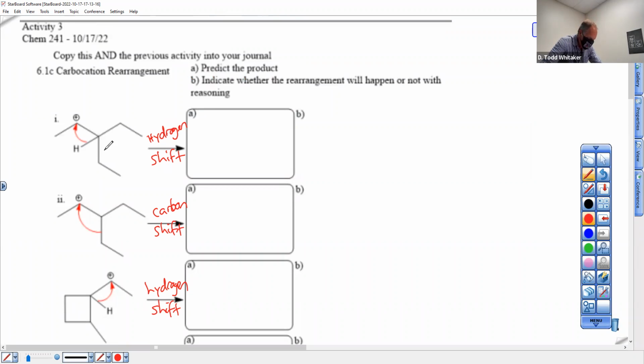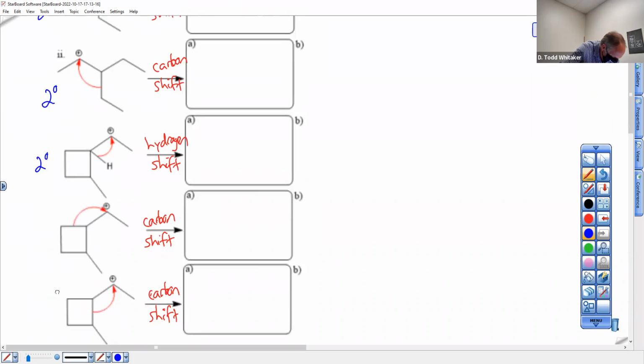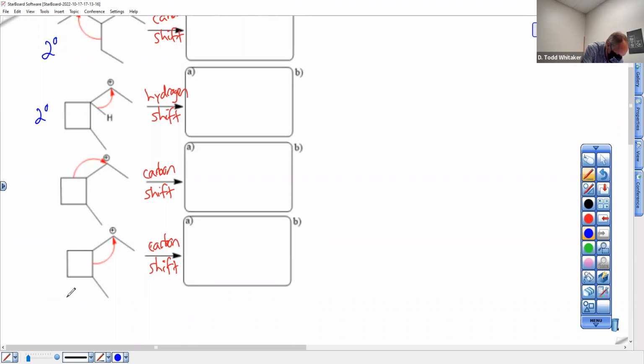All right. I want to remind you that I think every one of our cations I picked, coincidental, is secondary to start with. Carbocation rearrangements only happen if they get more stable. And you guys read about substitution and carbocation stability, but I don't think you read that word too much, substitution.